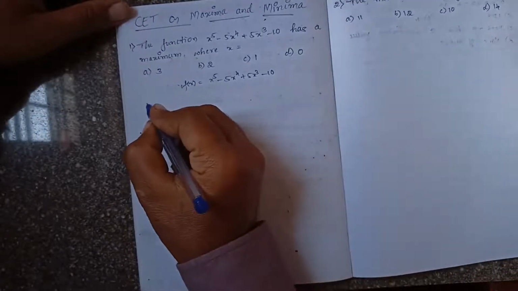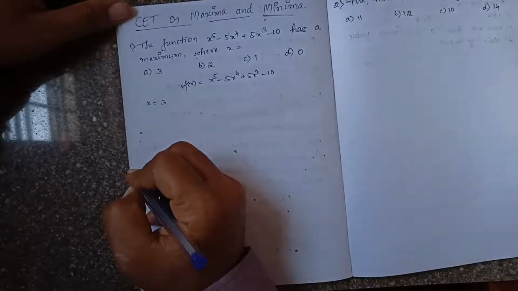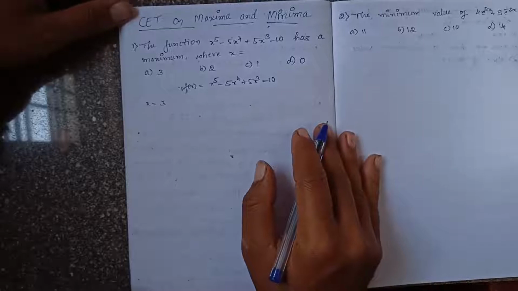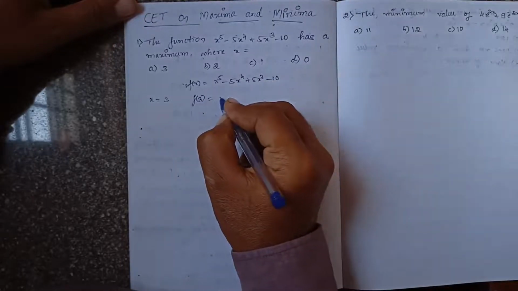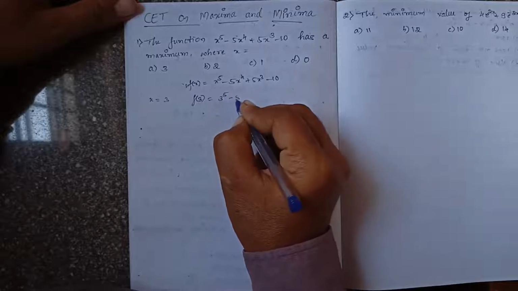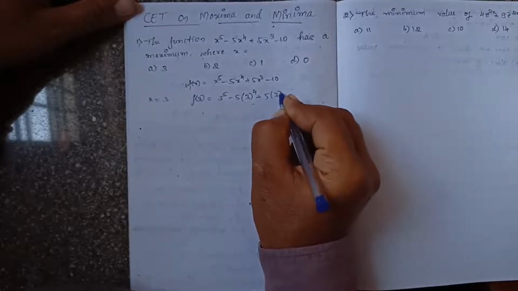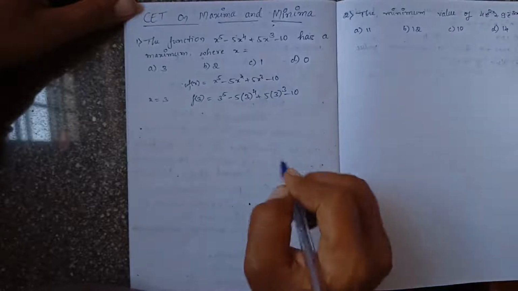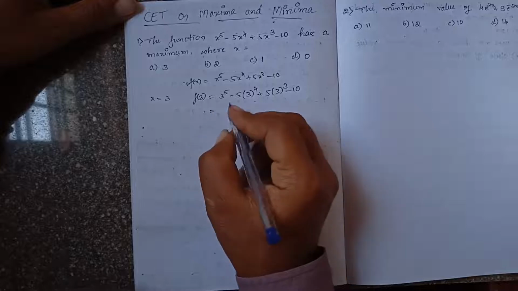First one, when x is equal to 3, option A. f of 3 is equal to 3 raised to 5 minus 5 into 3 raised to 4 plus 5 into 3 raised to 3 minus 10. Let me simplify this.